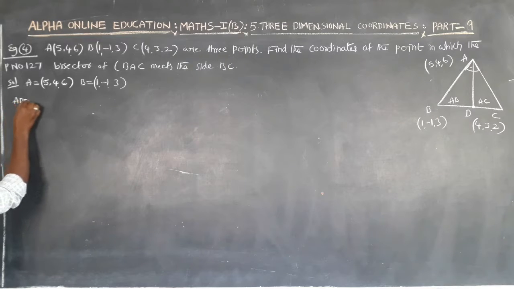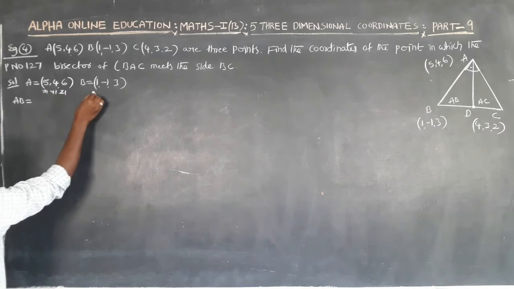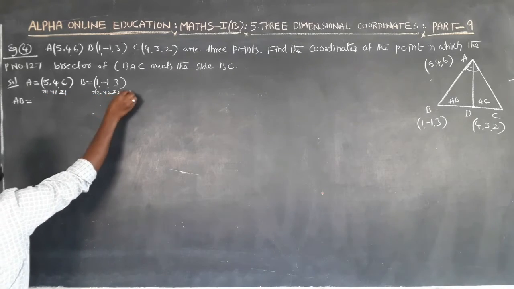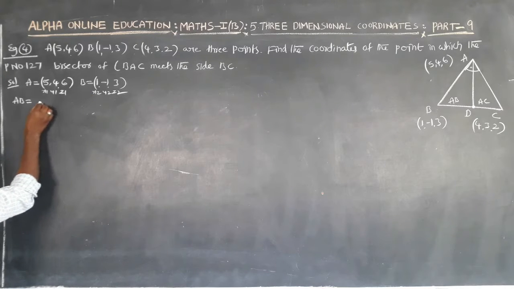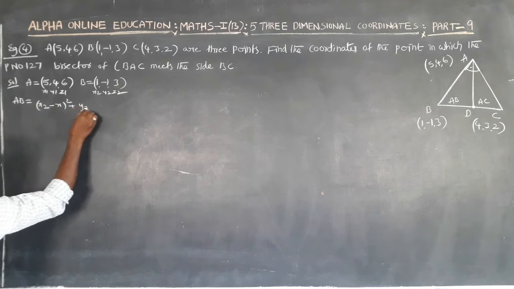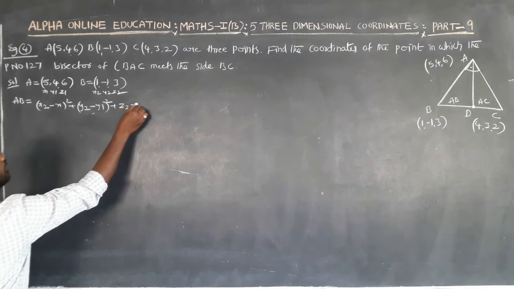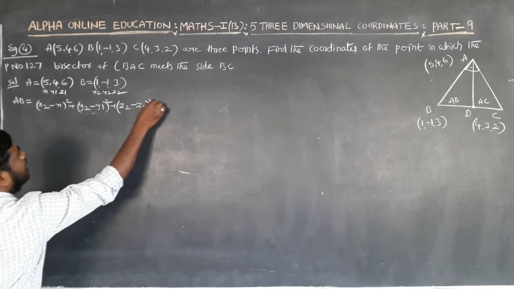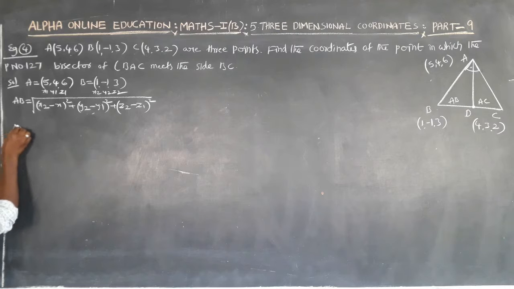For AB, let A be (x1, y1, z1) and B be (x2, y2, z2). The distance between the two points is the square root of (x2 minus x1) whole square plus (y2 minus y1) whole square plus (z2 minus z1) whole square.